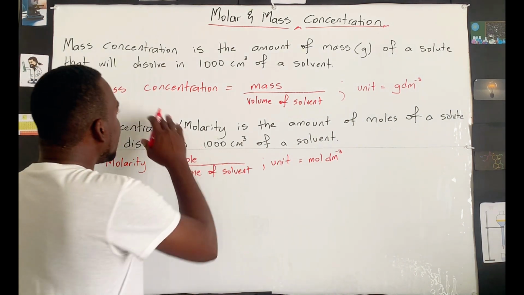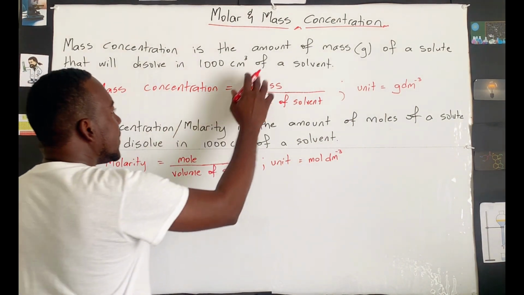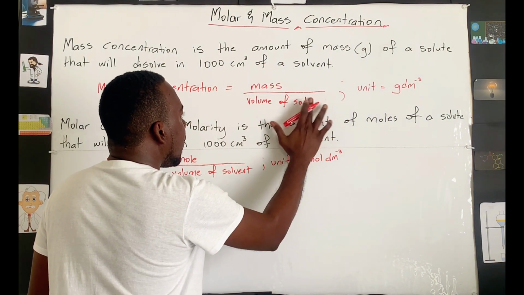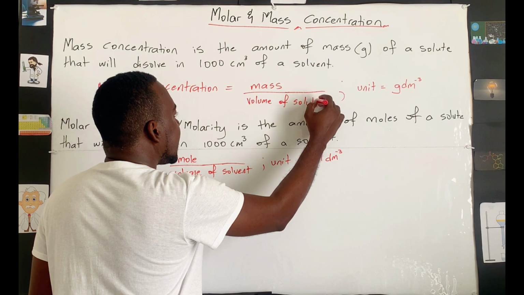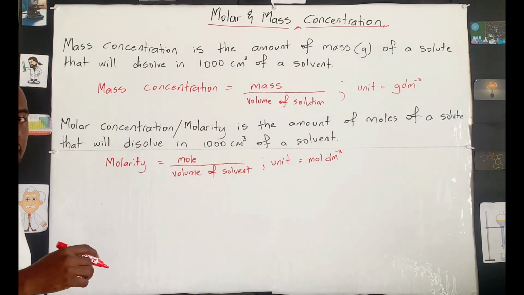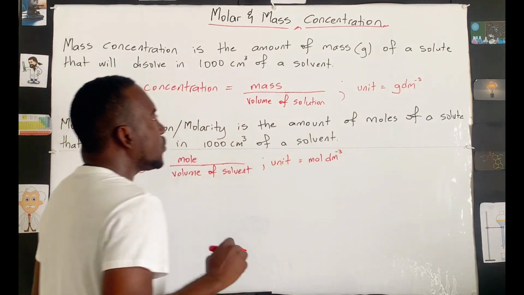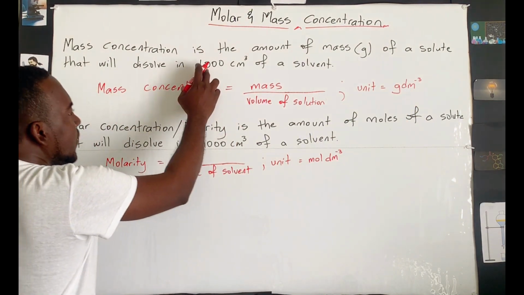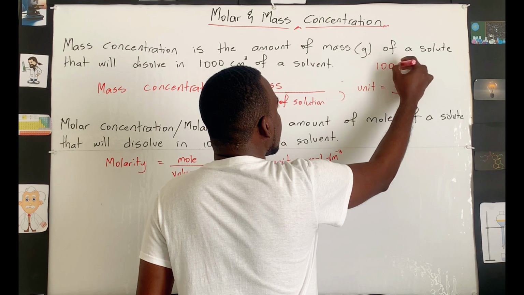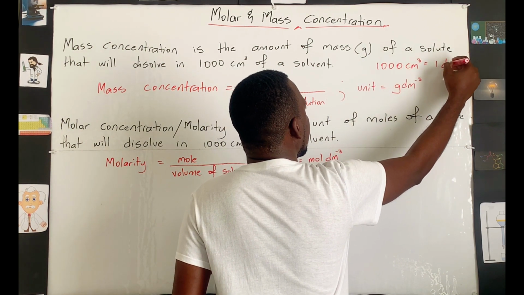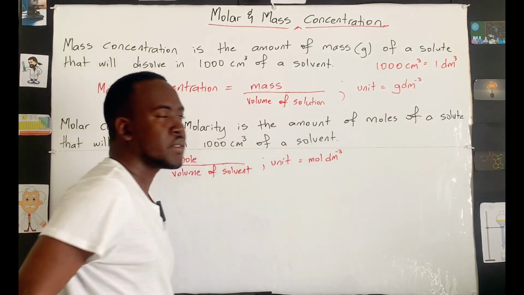Therefore, mass concentration would be the mass of the solute over the volume of the solution that is created. And hence, we get a unit that is gram per dm cube, because as we know, 1,000 cm cube is equal to 1 dm cube.